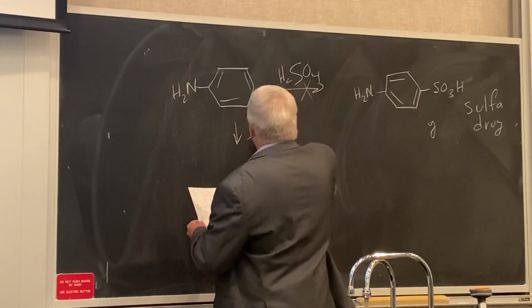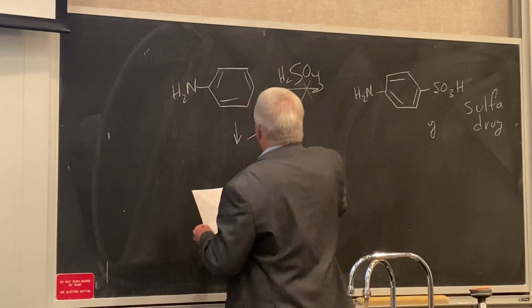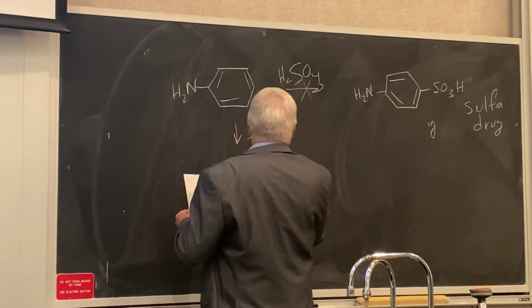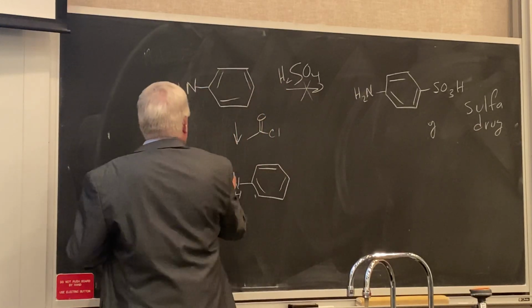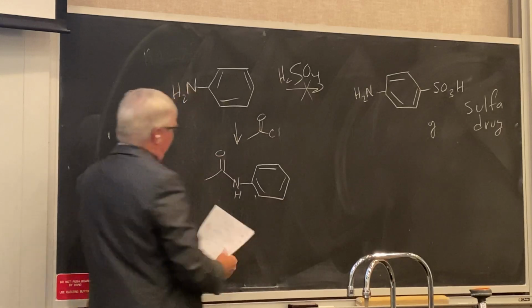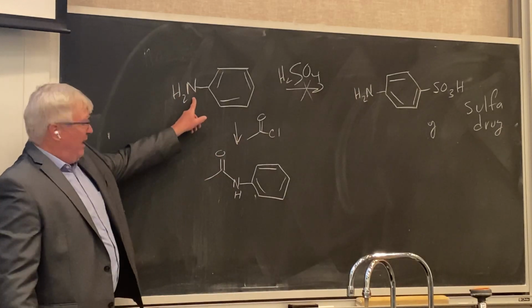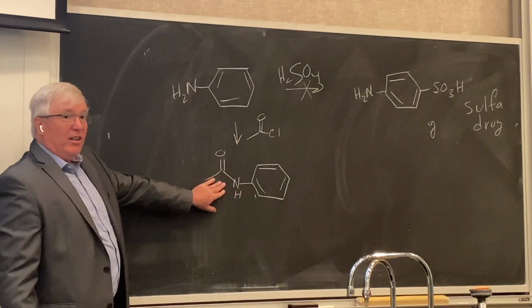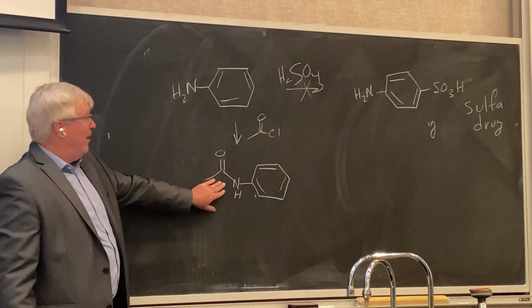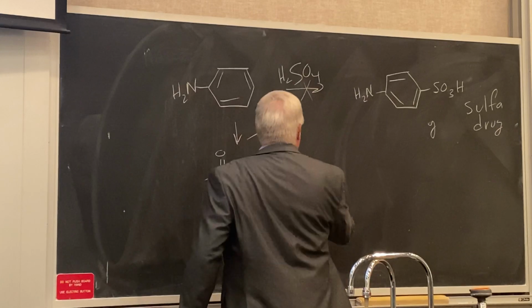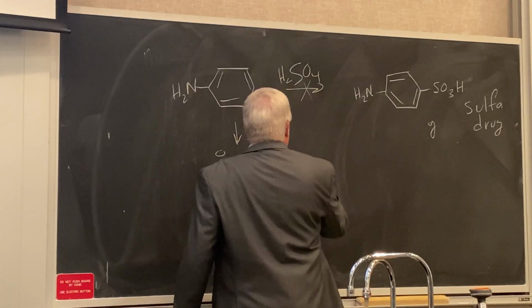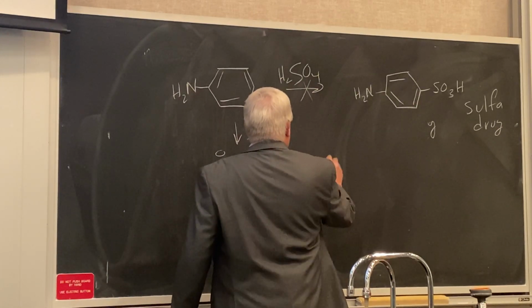Well, let me show you the alternative approach. You first form the amide of the aniline. And this is an amide now instead of a free amine. This one now is a good ortho para-director. So we can sulfonate this easily. H2SO4.